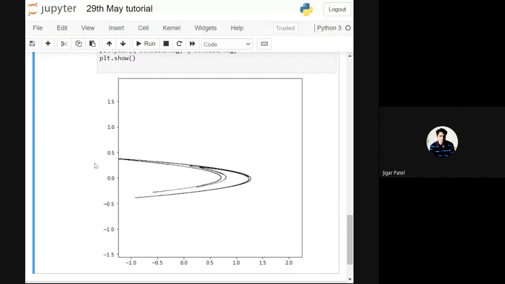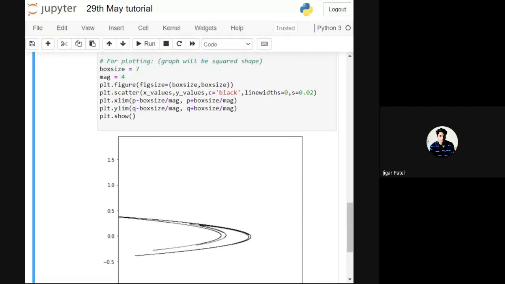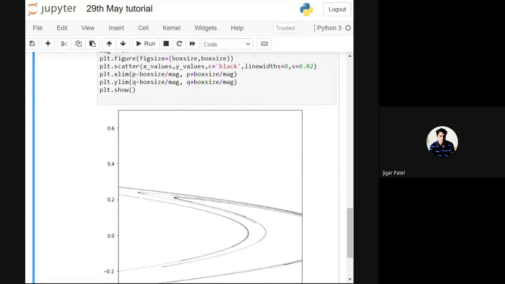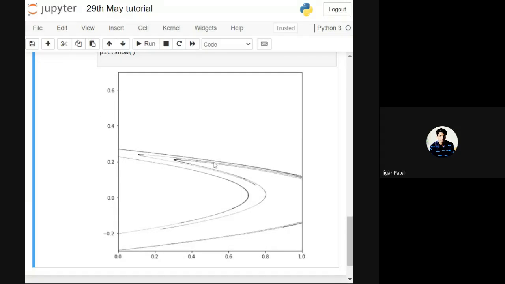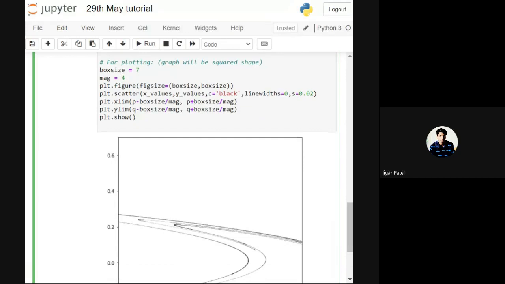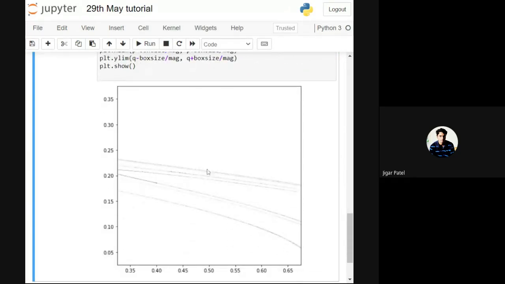Yeah, so this is zoomed out in fact, but if I change the magnification to say 14, it will zoom a little bit in, and if I change it even more, say 40, then it'll be giving me these lines.